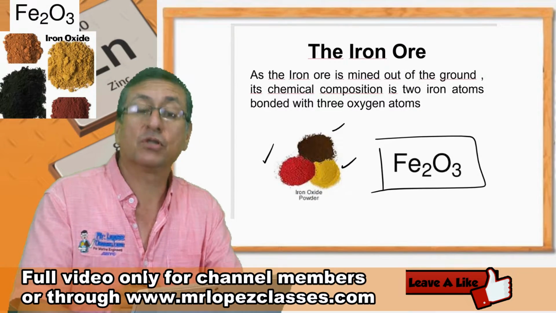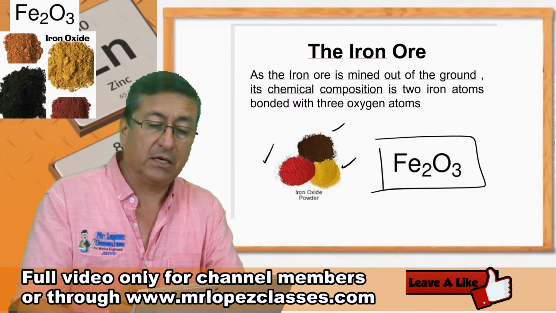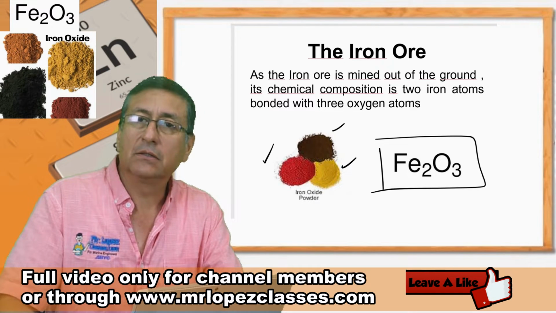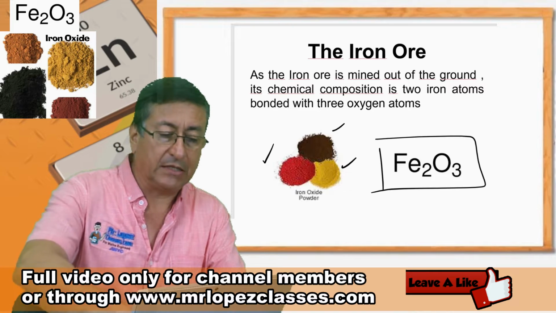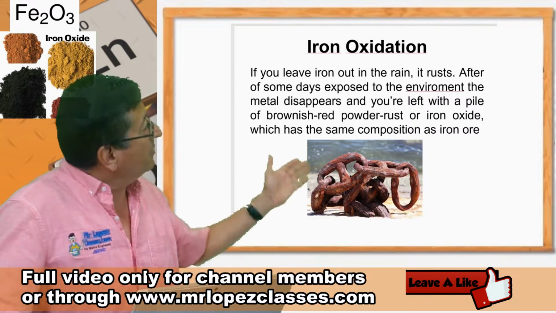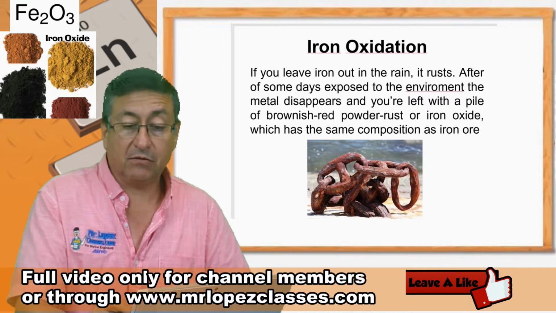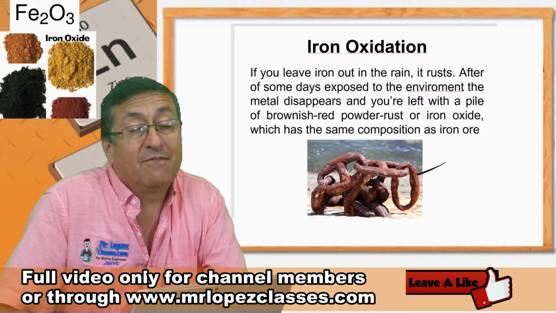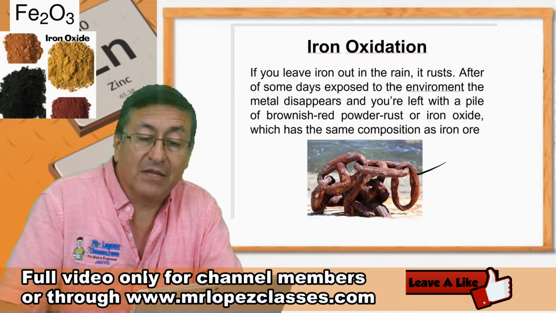Those are the most common iron oxides. It's brown, yellow, and red. Yes, this is the typical oxidation of the iron. In this particular case, it is brown, when it's exposed to the environment for a long period of time.